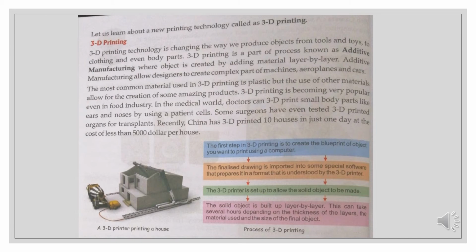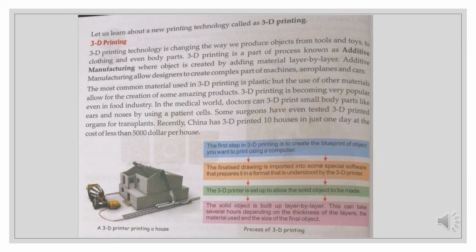Some surgeons have even tested 3D printed organs for transplantation too. An example of 3D printing technology happened in China, where they built 10 houses in a day using 3D printing technology. And the cost for a single house was just $5,000.